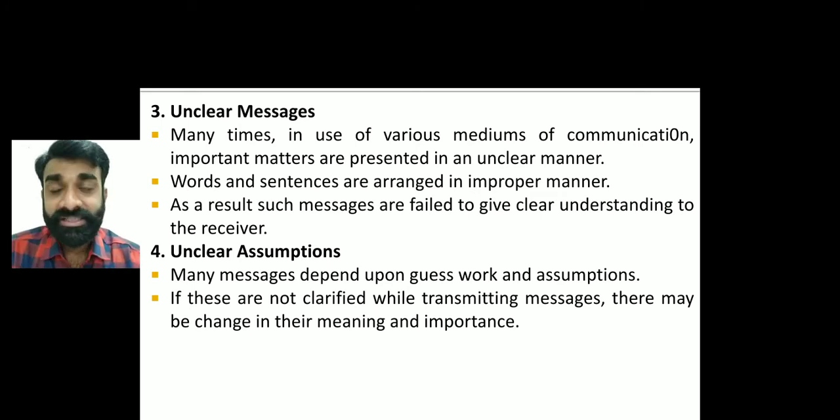If instructions coming from the top level are not properly arranged, it will be difficult for the middle level to analyze and interpret those messages and then for the bottom level to implement them. When it was interpreted wrongly at first, the same mistakes happen at the further level, the bottom level. So the receiver is not going to get that particular message.